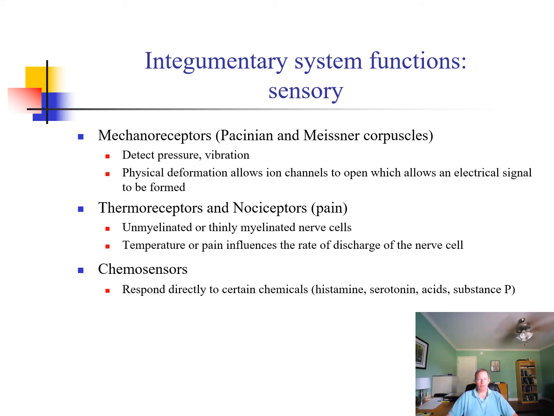These are very thinly myelinated or unmyelinated neurons that will fire at a certain rate and will be influenced by how fast or slow they fire based upon temperature or pain. And I do have some chemoreceptors that respond directly to certain chemicals such as histamine or substance P or acids.